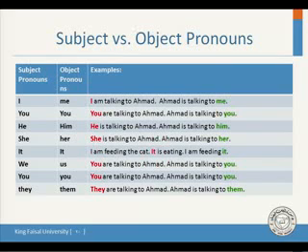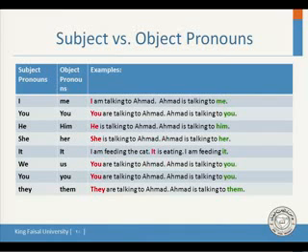In this table, you can see the subject pronouns and the object pronouns. We studied the subject pronouns in a previous lecture, and today we studied the object pronouns. Look at the sentences and notice the position of the subject pronoun and the object pronoun in the sentence. For example, in sentence number 1, I am talking to Ahmad.